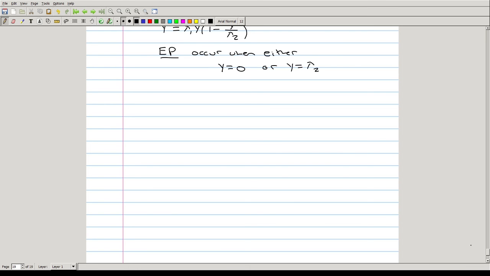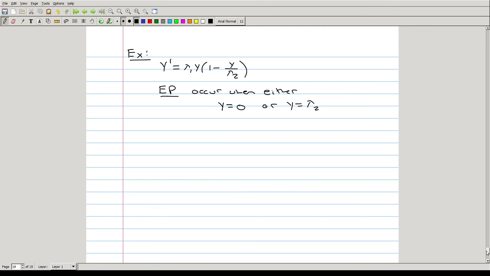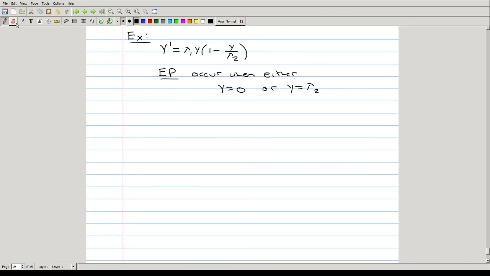So this means that our phase line diagrams are going to be a little bit more complicated. We have to go through and look at multiple scenarios.